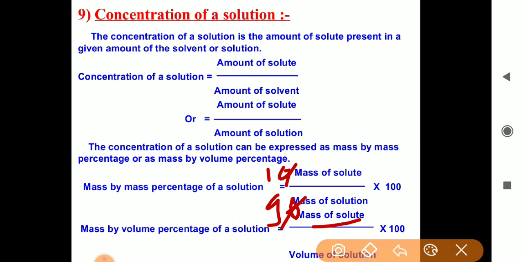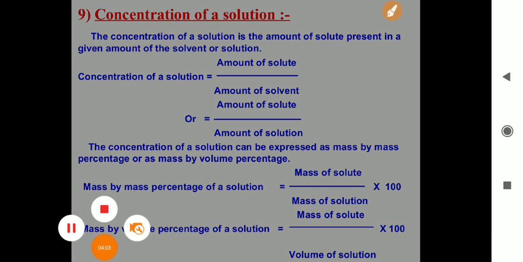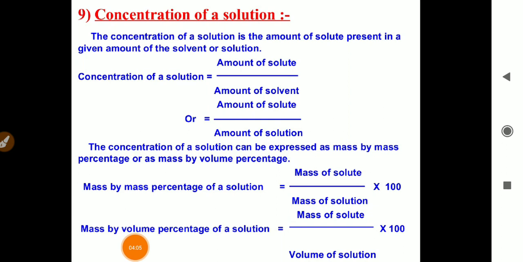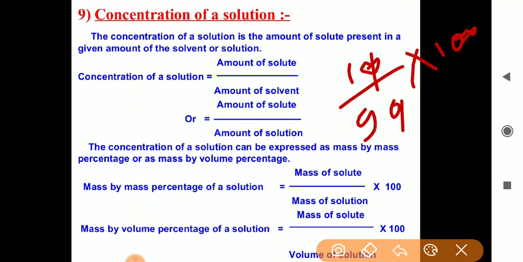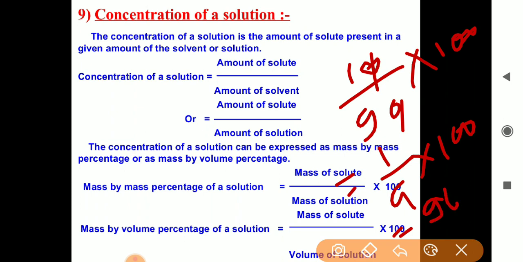The 0 will cancel, so 1 upon 9 into 100, so it will become 90%.